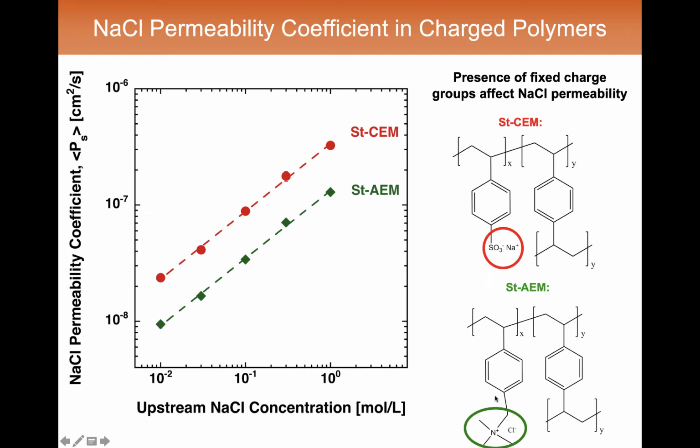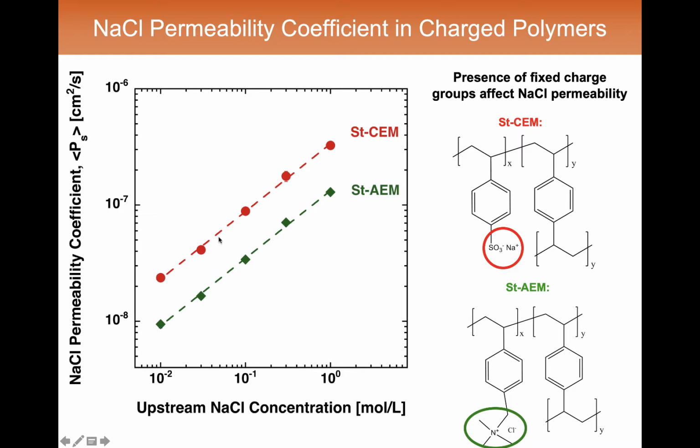For a couple of the ion exchange membranes, a cation exchange membrane with sulfonate groups and an anion exchange membrane with quaternary ammonium groups, you can see that the permeability increases by several orders of magnitude as that upstream or donor sodium chloride concentration increases.